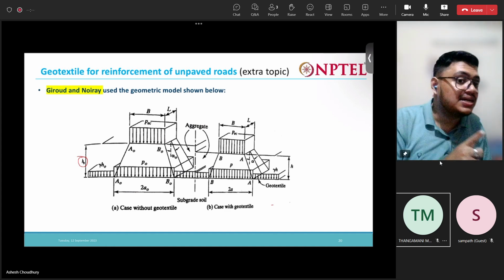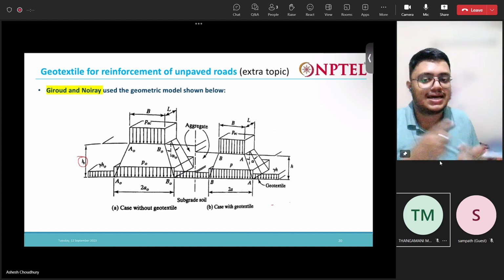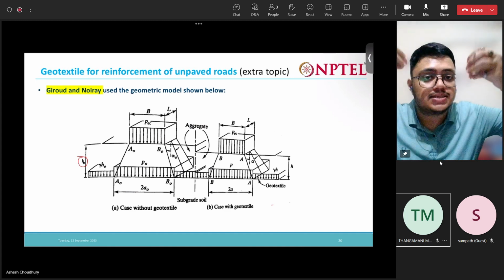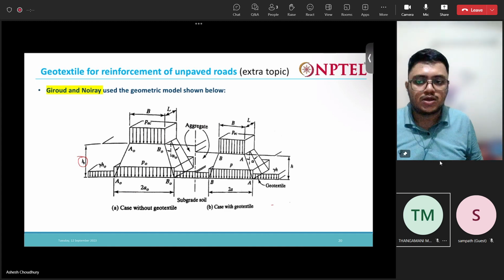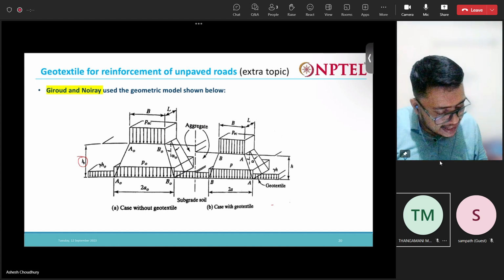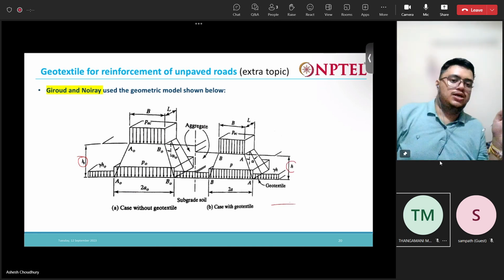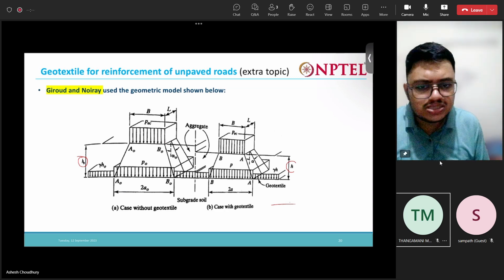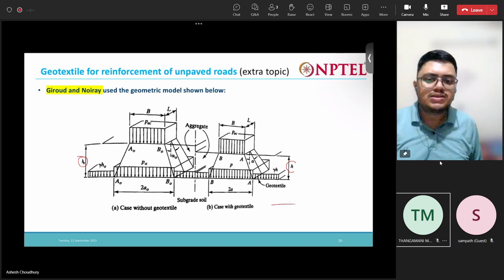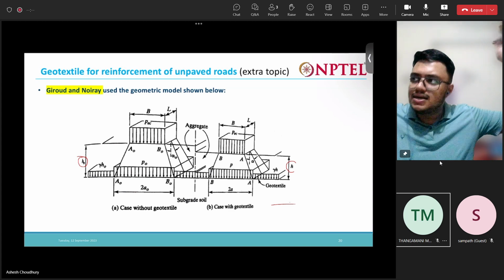But if we use geotextile, the depth of aggregate that we have to use to construct the unpaved road will reduce from H naught to H. In that way, we will obviously be saving cost.